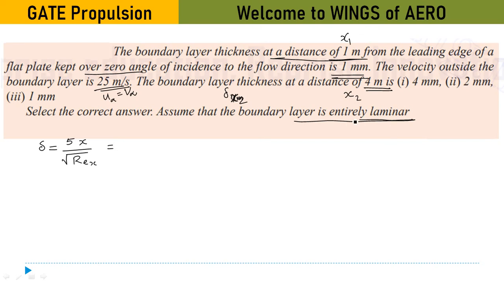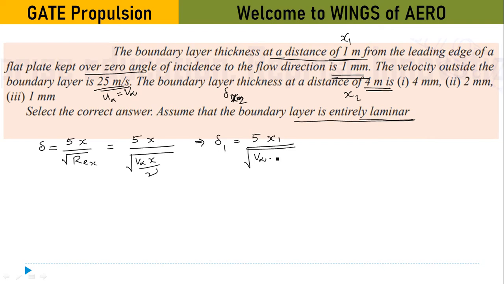So the flow field is the same, there is no variation. Velocity is also going to be the same for both, and nu is a constant. So can I say del 1 is directly proportional to root over of x1, right? So I can rewrite this equation as del 1 by del 2 equals root over of x1 by x2, and this is our x2, isn't it?